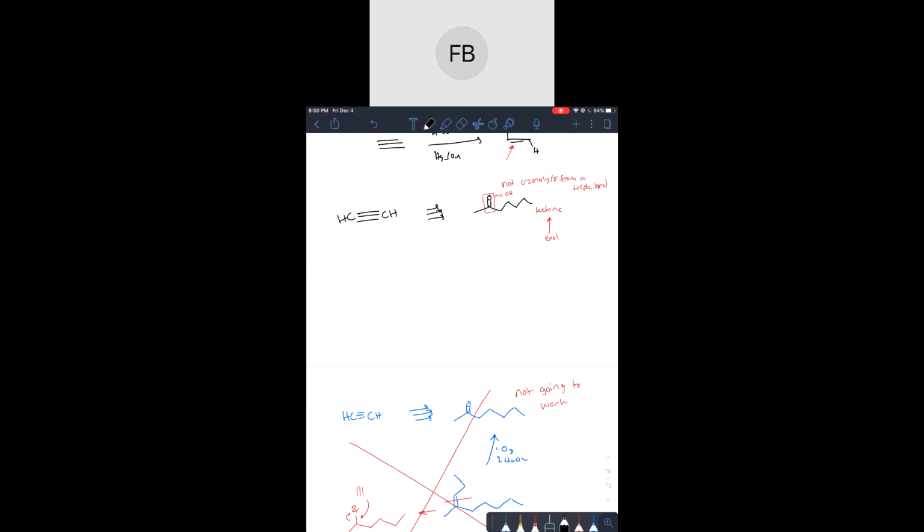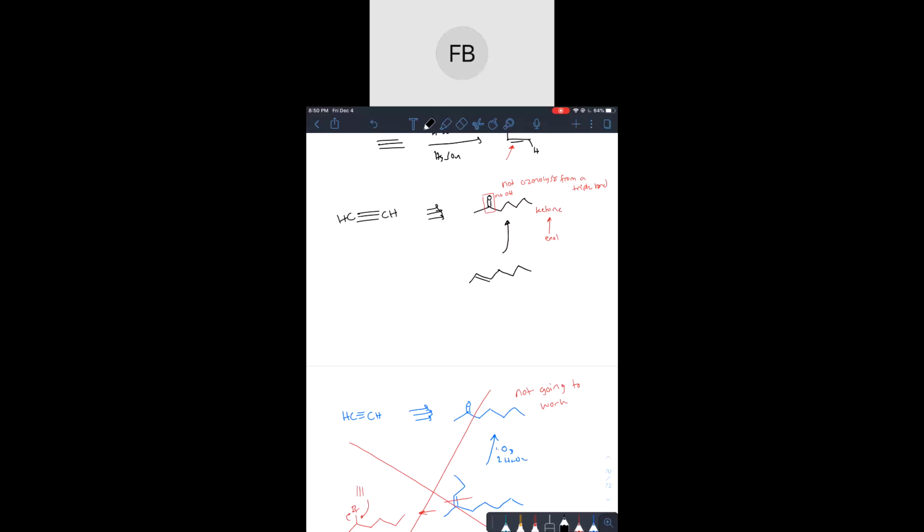Okay, so basically, we know that this ketone could have come from an enol. So we know that this would have been like this before, maybe with a double bond here and an OH here, or an H here. And then this would spontaneously become a ketone, right? So there's no need to write anything here, because it's spontaneous.